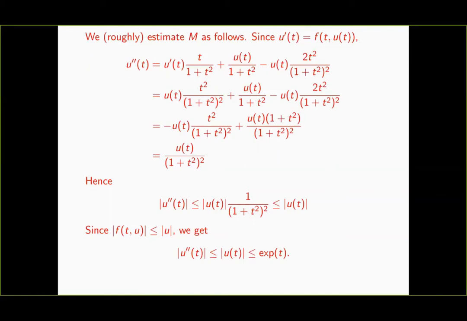Using that inequality, I get that u''(t) in absolute value is bounded from above simply by the exponential of t. Now, this is quite a rough upper bound. With some more careful analysis, of course, we could obtain a much tighter bound for the second derivative of u, but I've decided to keep it simple here in this presentation so that the successive formulas are a bit easier to handle.